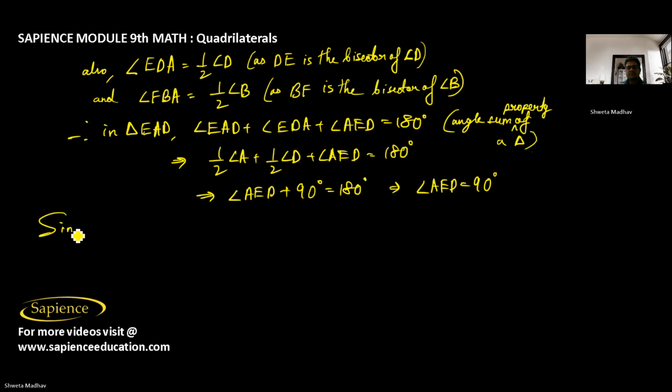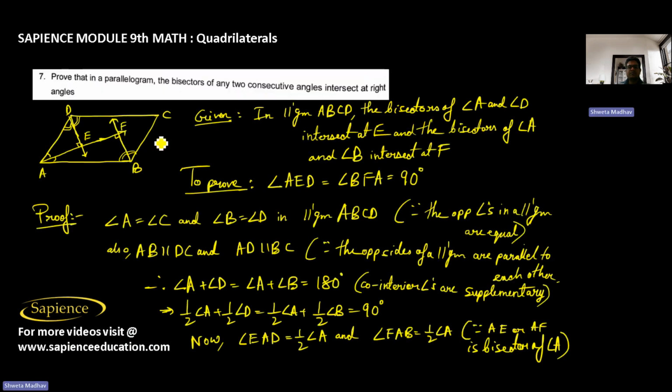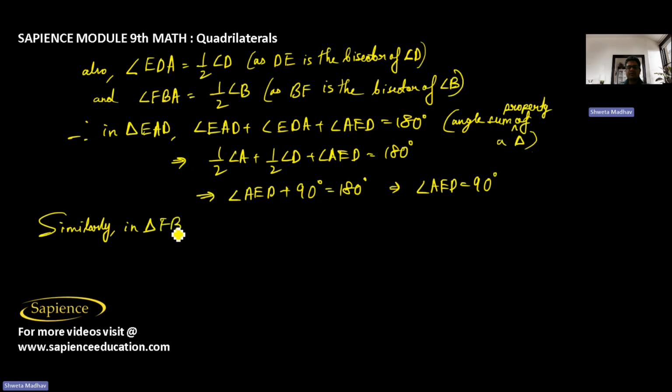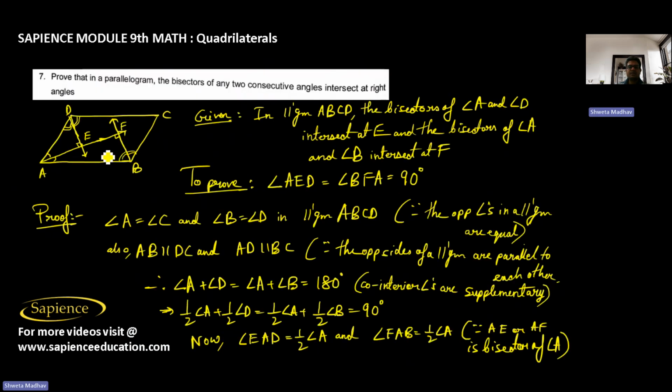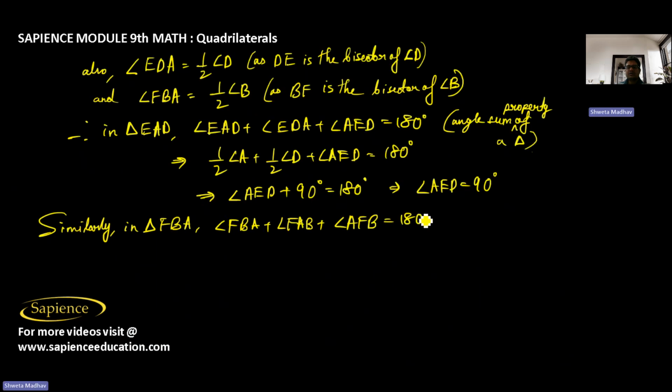Similarly, we can show that in triangle FAB, angle FBA plus angle FAB plus angle AFB is equal to 180 degrees, according to the angle sum property of a triangle.